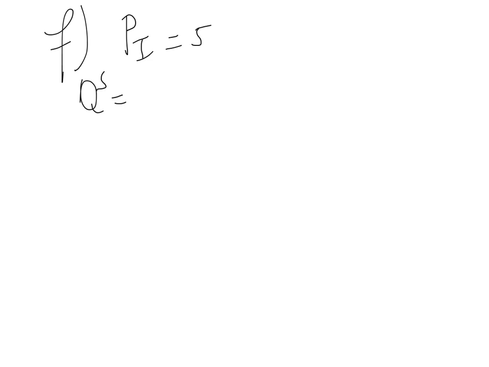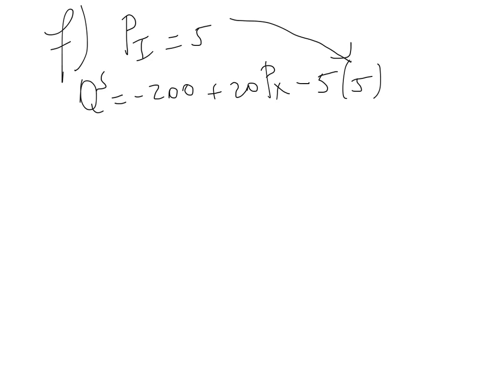Quantity supplied is minus 200 plus 20 px minus 5 times 5, this new input price, plus 0.5 times 20. This one stays the same. 20, the price of good Z, doesn't change.